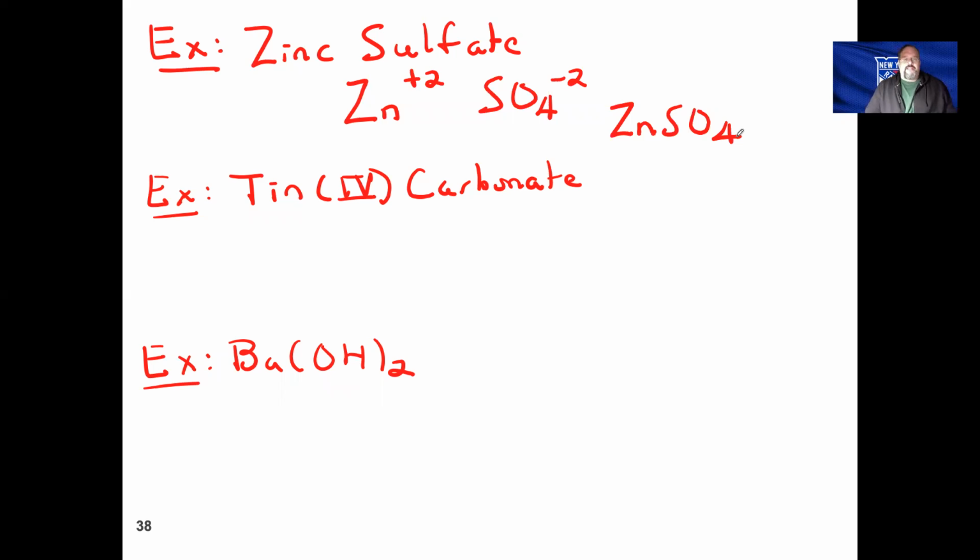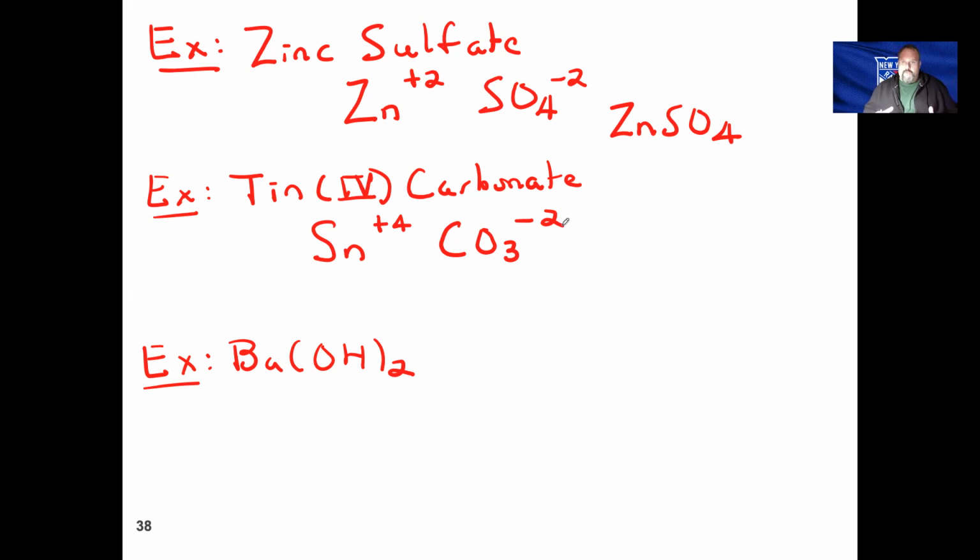Next example, tin(IV) carbonate. So tin has the chemical symbol of Sn. It is a B group metal whose charge can form different ions. So the charge is given as +4. And remember, I know the charge is positive because it's a metal. Carbonate, when I look up carbonate on the list of polyatomic ions, I come across CO3 minus 2. So right now, if you have one of each, does the overall charge add to 0?